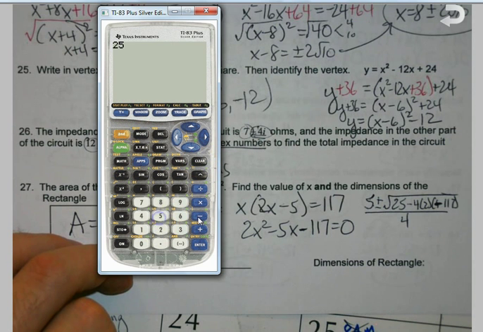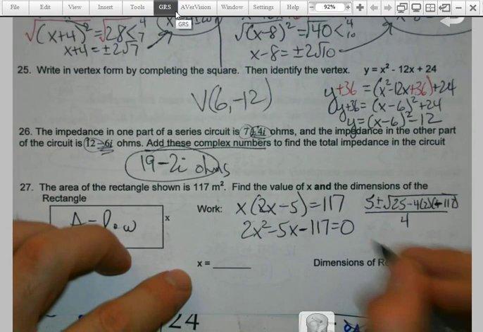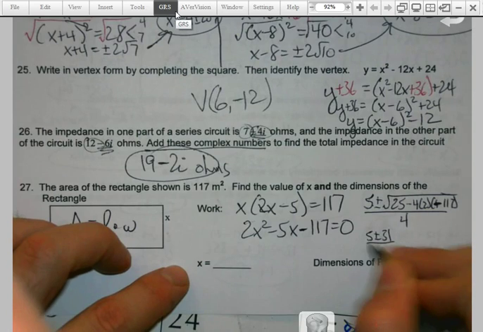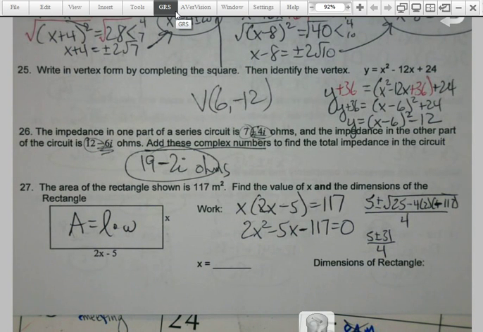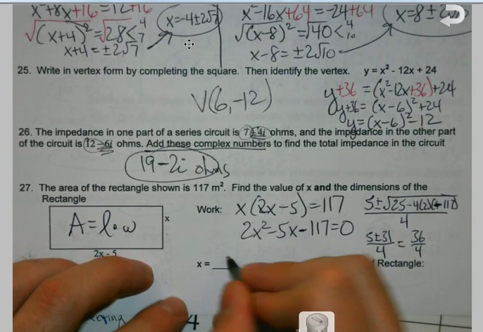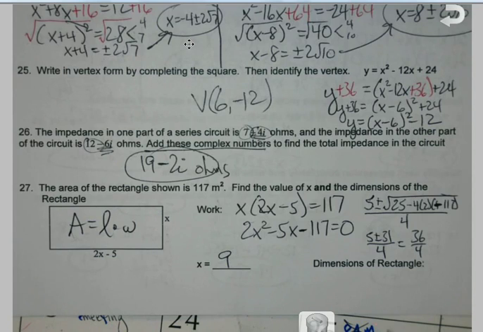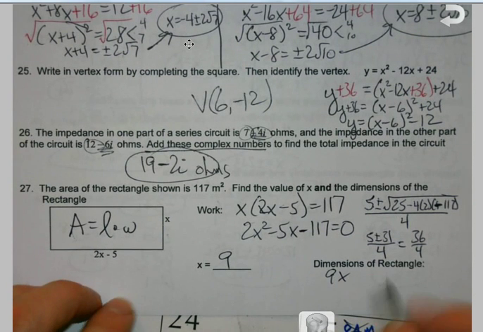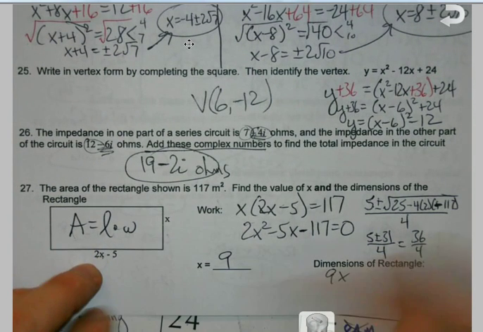So 25 minus 4 times 2 times negative 117 is 961, and just take the square root of that, which is 31. So 5 plus or minus 31 over 4. I know with it being the side of a rectangle, 5 minus 31 is going to get me a negative. That doesn't make any sense. So 5 plus 31 is 36 over 4, makes my x 9. My dimensions then would be 9 by 2 times 9 is 18, minus 5 is 13.